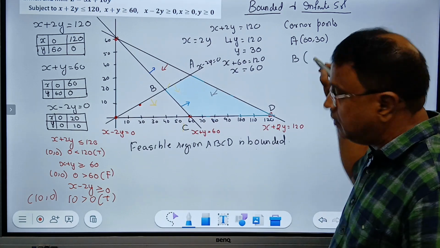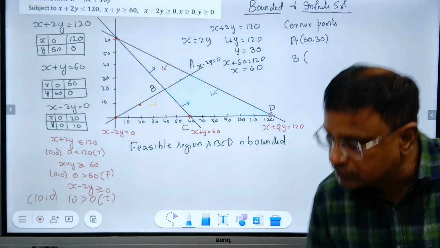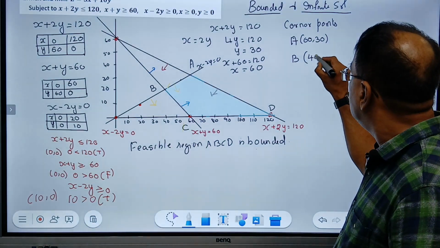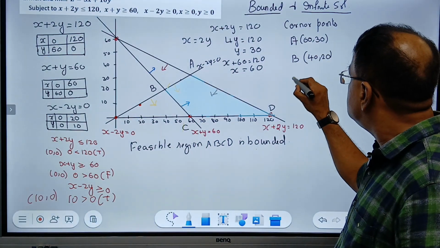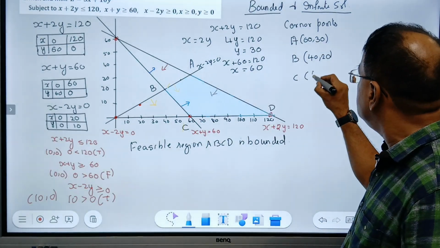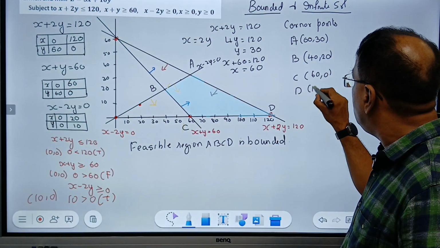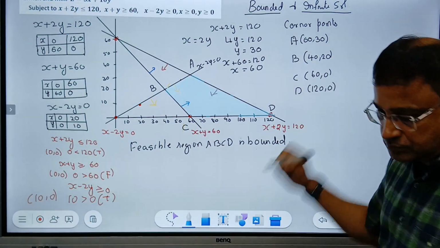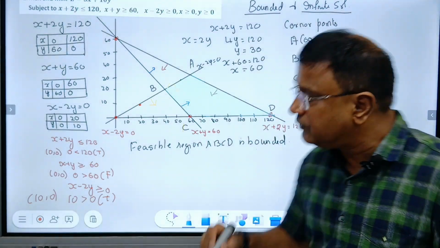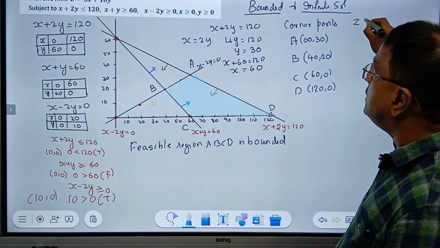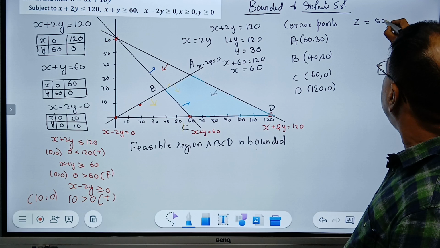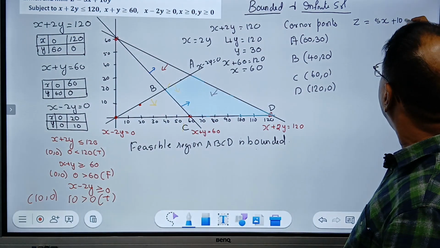And B will be, I have done the calculation, so it is 40, 20. And C will be 60, 0. And D is 120, 0. Correct? Now what are the Z values? My Z is actually 5x plus 10y.